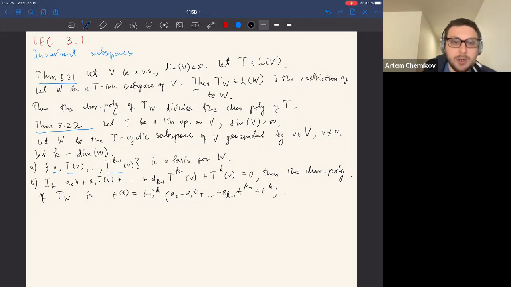Okay. So we have this explicit form for the characteristic polynomial of the linear operator.